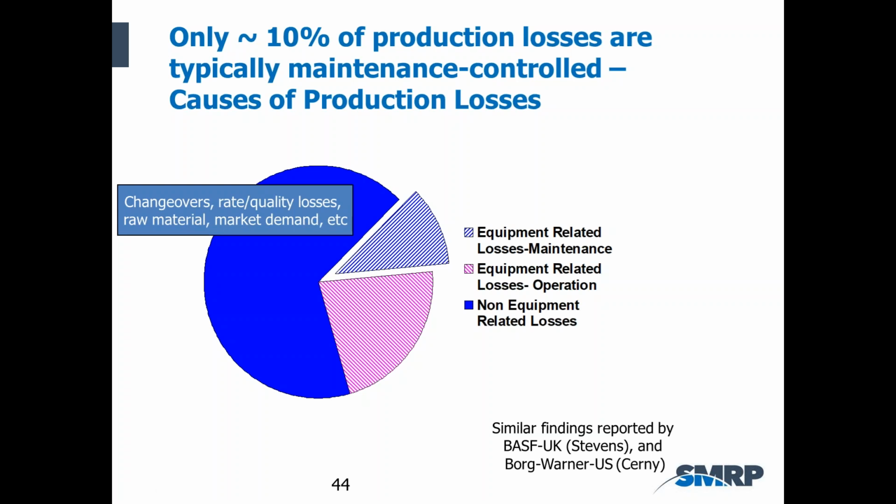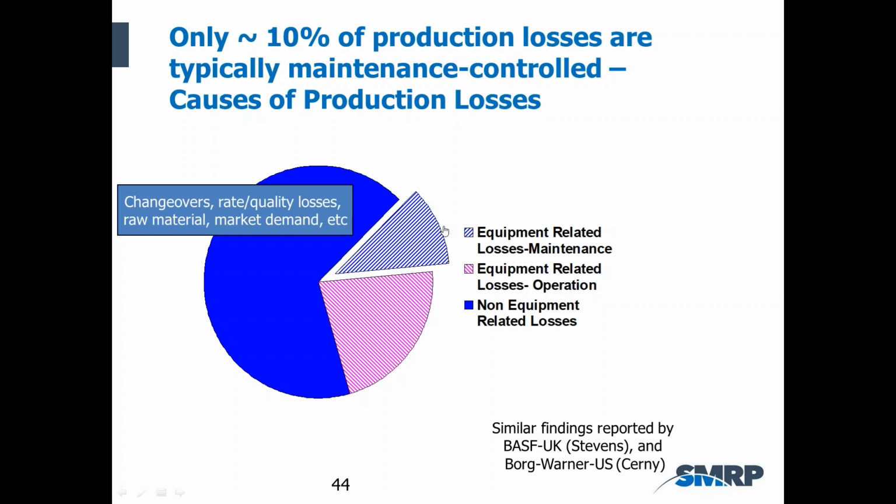In a discrete plant? Well, about a third is equipment related, but when you go to root cause and you try to figure out, well, what caused those production losses, what you typically find is that about 2/3 of that 1/3 is because of poor operating practices. You didn't start it up right, didn't shut it down right, you ran it outside its inherent capability, and all that sort of thing.